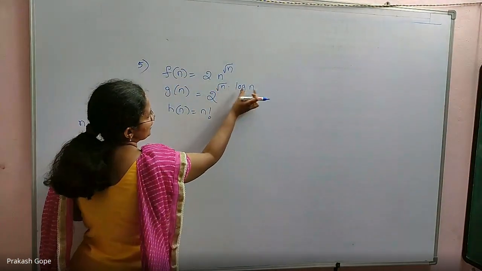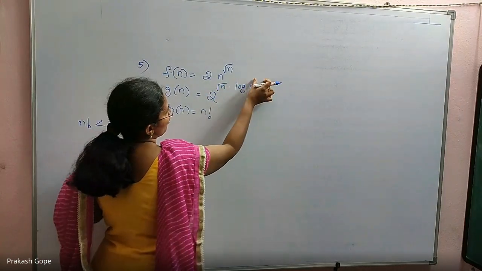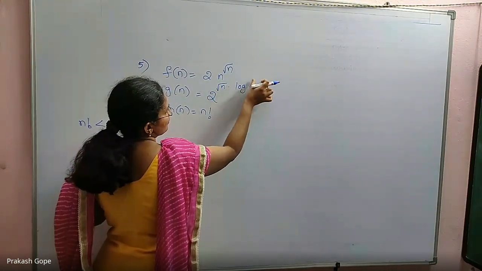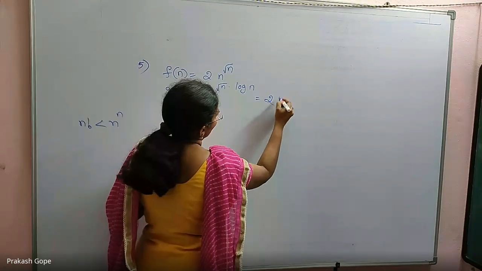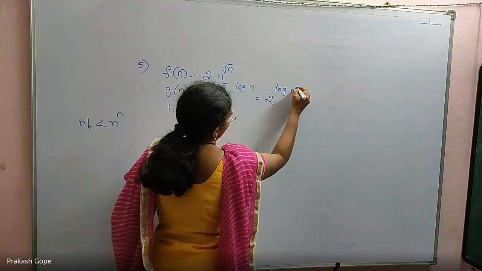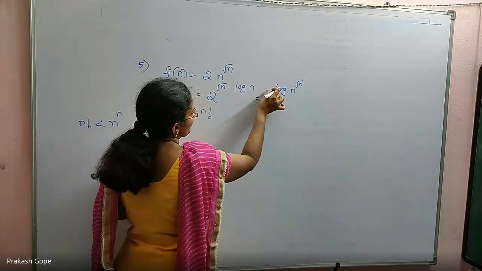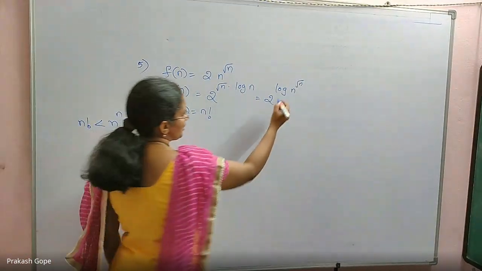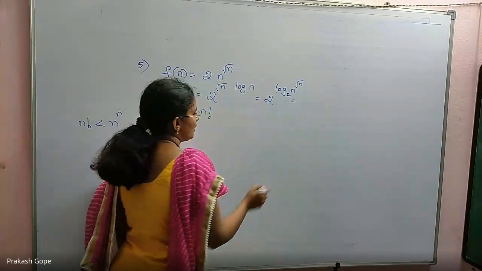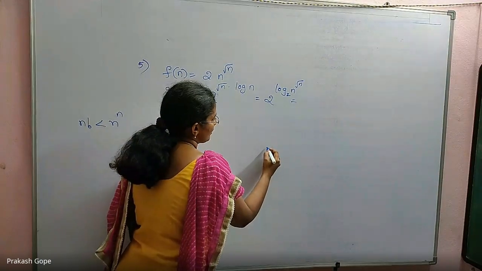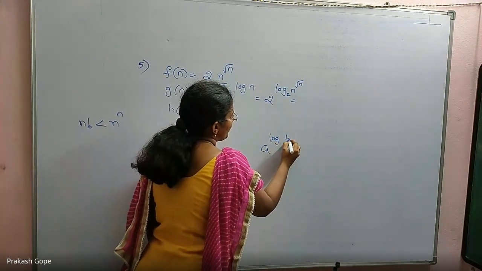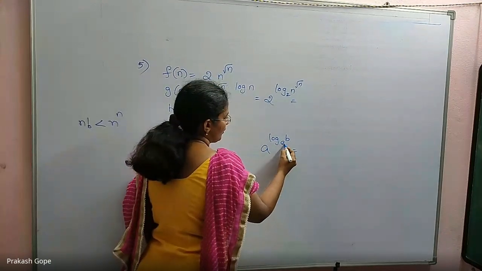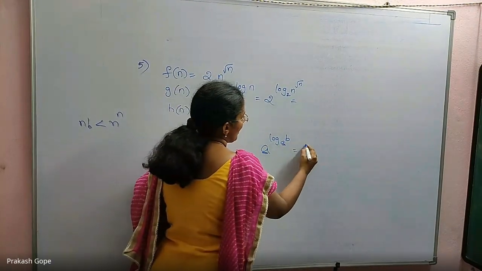See, if this is in front of log n, can I keep it on top of this? Logarithm formula: 2 power log n power root n. So that root n comes in front of log n, and this is base 2. There is a formula in logarithm that a power log b to the base a, when this base and this base are the same, the answer is just b.